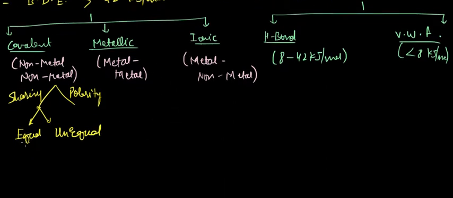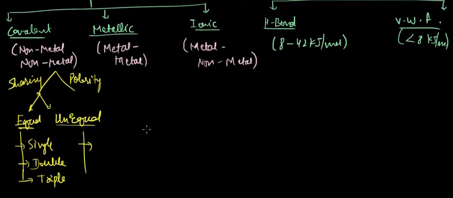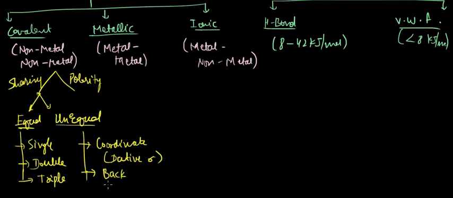Based on equal sharing we can have either a single, double or triple bond, and based on unequal sharing we can have a coordinate bond, which is the dative sigma bond, and also back bond, which is the dative pi bond.